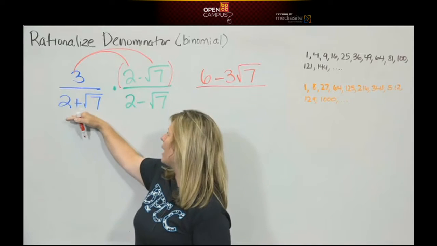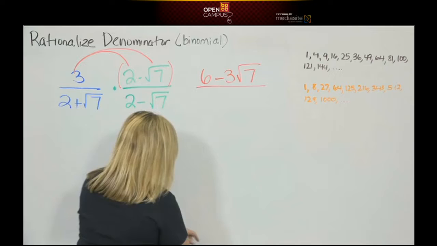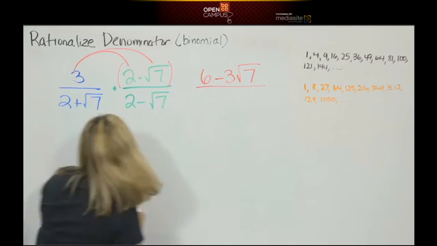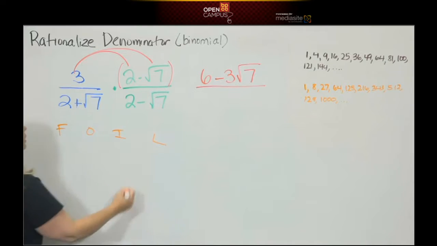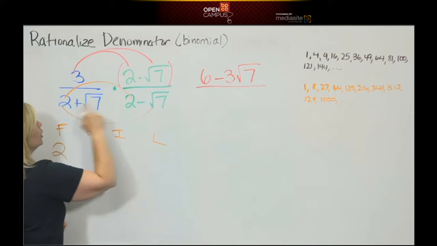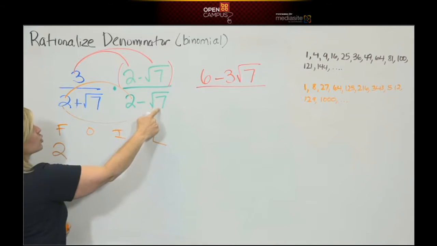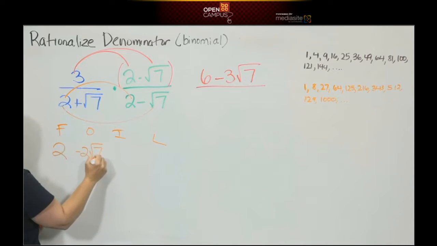Well, we know a binomial times a binomial is FOIL. So if I do FOIL out the long way just to show you, F-O-I-L. First would be the eyebrow. 2 times 2 is 4. Outers would be the mouth. 2 times a negative square root of 7 would be negative 2 square root 7.